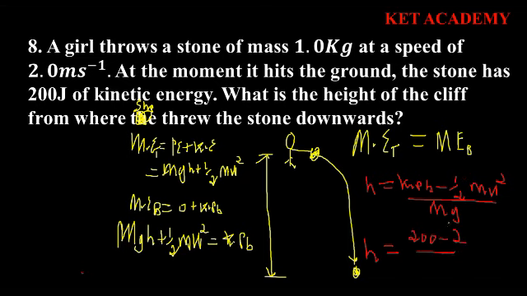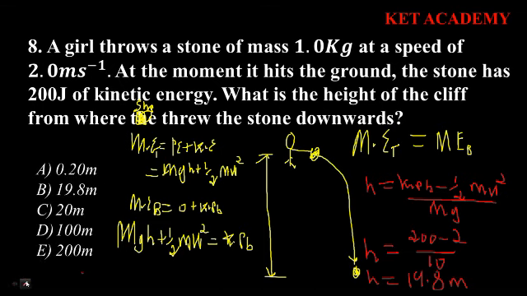So divided by g, and we're going to consider our g to be 10 in this case. So our height will be 200 minus 2 divided by 10. So it will be 19.8 meters. So now let's look at the options. Clearly we see that our answer will be option B.